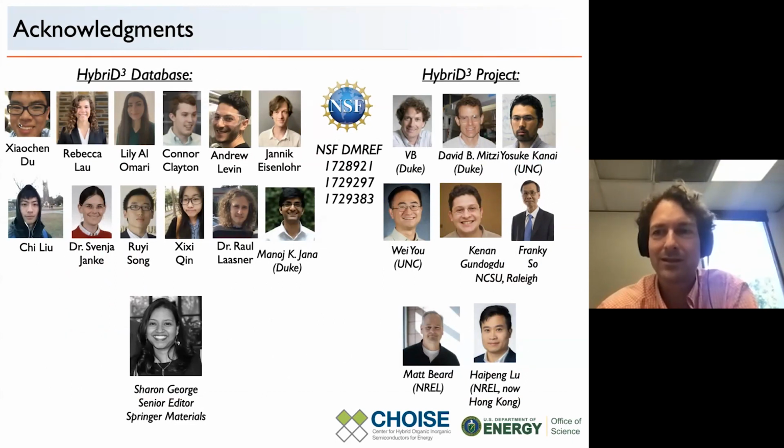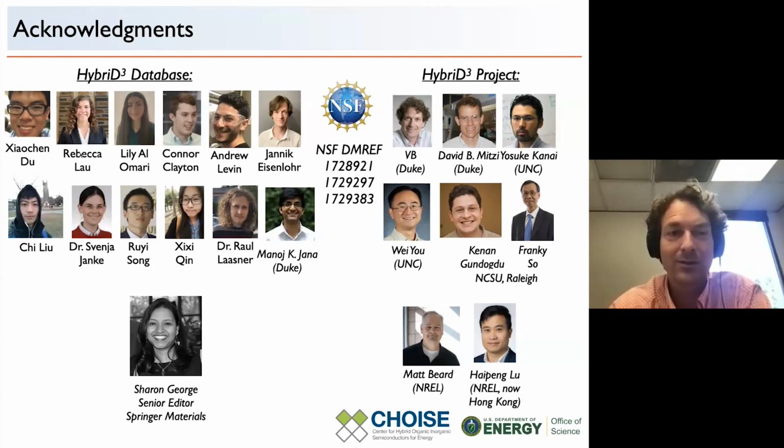He really founded this database and programmed a good part of it and made sure that this continued. Becca Lau, Lily Alomari, and Yannick Eisenlohr actually helped with conceiving and pushing on some things for this talk, apart from being contributors to the database at the high level. And then many others contributed.